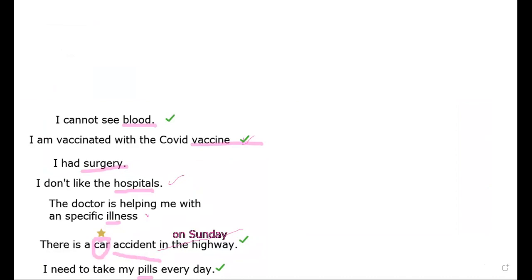When I was a child, I had a surgery near my neck because I had a small ball, like a smoke ball, because I took a lot of antibiotics.